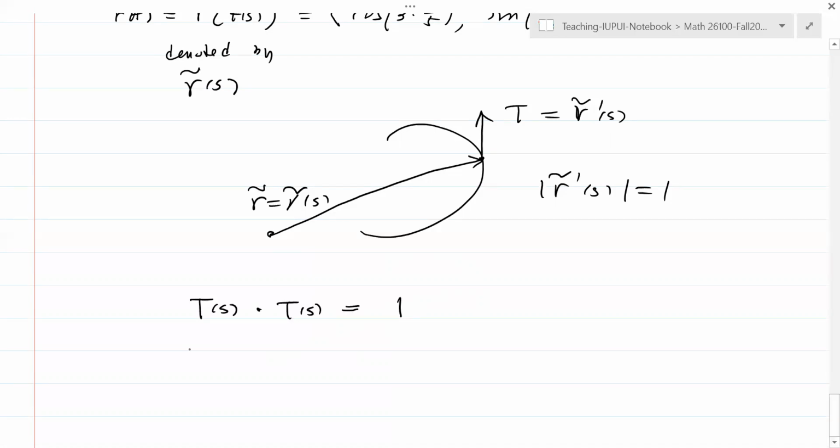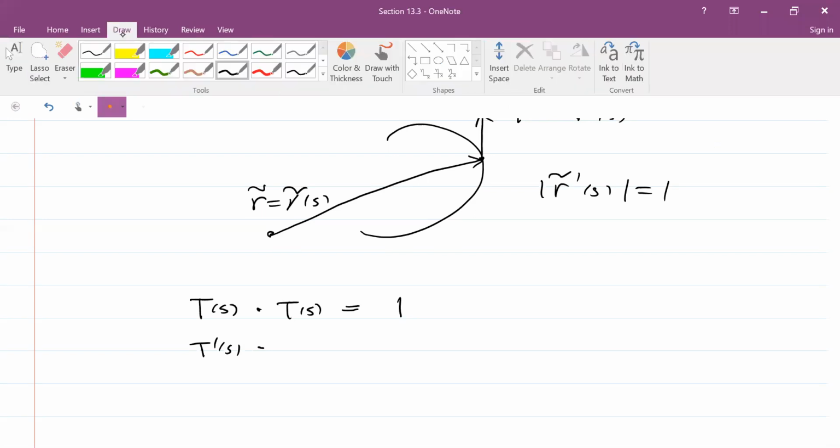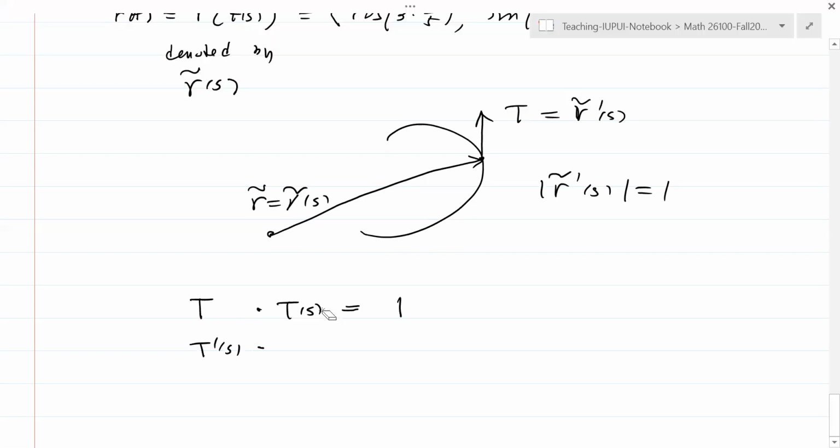Now, when you differentiate both sides, use the product rule. I'm not going to write the parameter here, just T dot T, to make it easier.